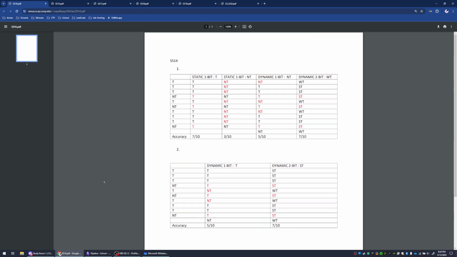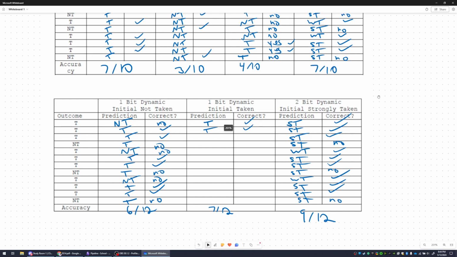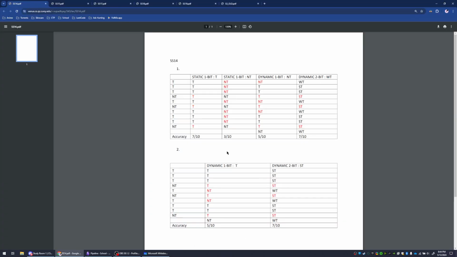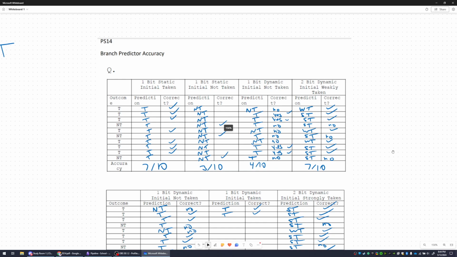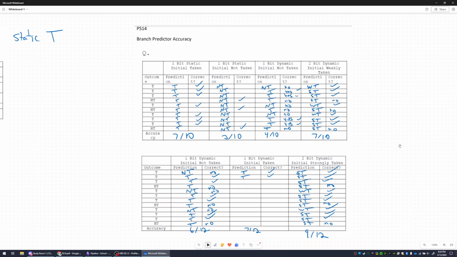So I guess he doesn't have the right answer sheet for the bottom part, but it's 7, 3. This should be a 4, 7, 10. Okay. Any questions on that? The branch predictor chart like this is pretty easy.